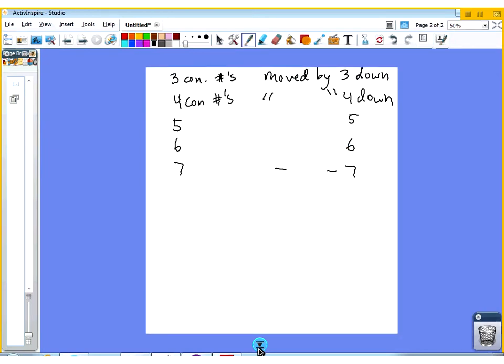2 consecutive was all the odds, with the exception of 2. The exception was 2. 1 plus 1 is 2. It's not? I'm just kidding.